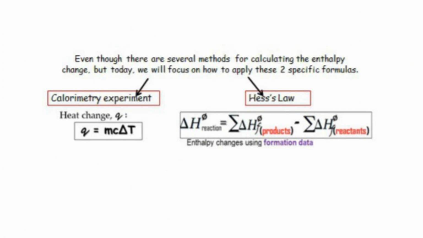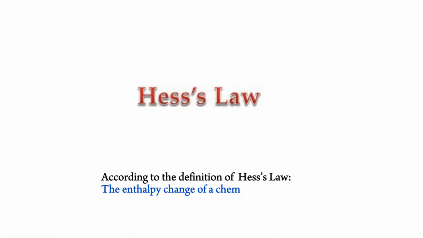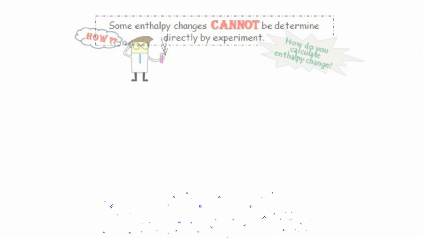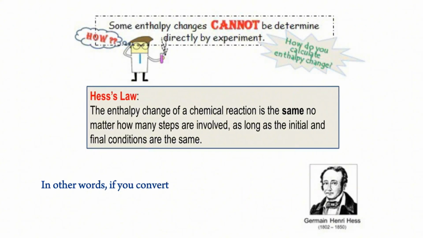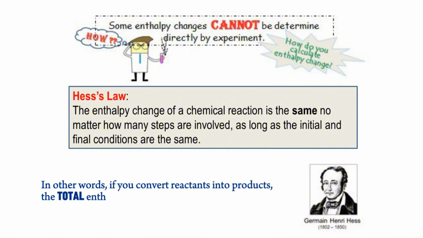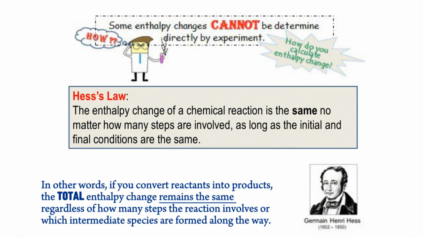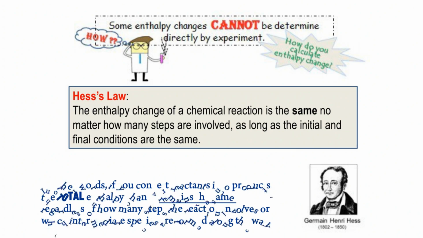According to the definition of Hess's law, the enthalpy change of a chemical reaction is the same no matter how many steps are involved, as long as the initial and the final conditions are the same. In other words, if you convert reactants into products, the total enthalpy change remains the same regardless of how many steps the reaction involves or which intermediate species are formed along the way.